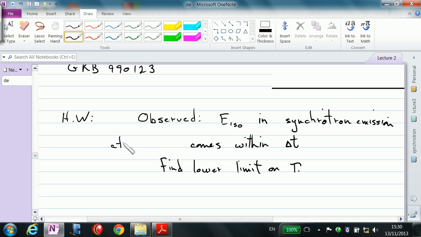I have to say it's at frequency nu. All you need is E iso nu and delta t, I think, and that's enough to find a minimum lower limit on gamma.